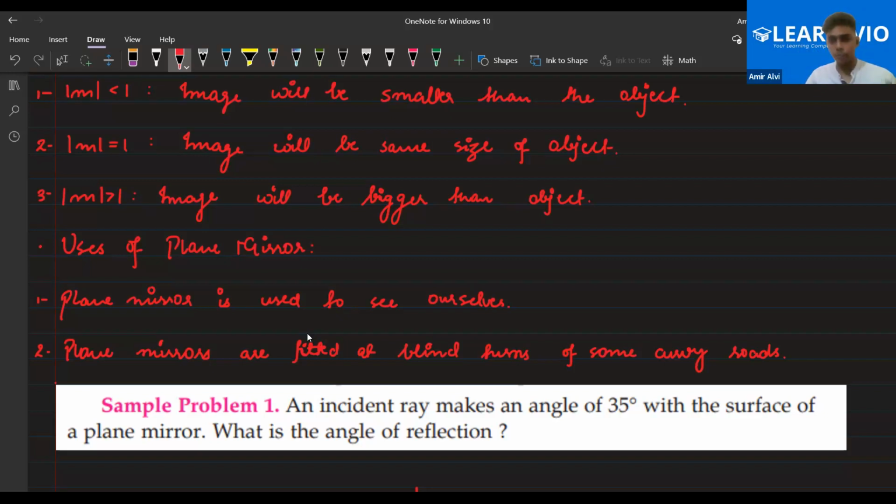I went to Kashmir Valley, so that's why I observed this, that there are very blind turns. To avoid any collision between the coming object and the going object, like a bus or car, we use plane mirrors as a safety measure, so that we can see that another object is coming and make some space for it. Okay, so it can easily pass through.